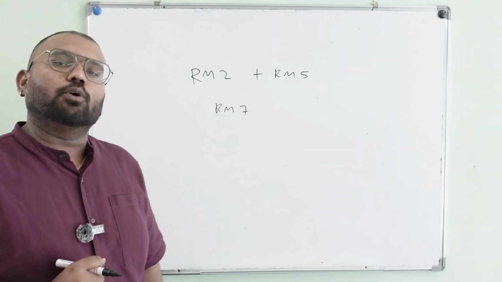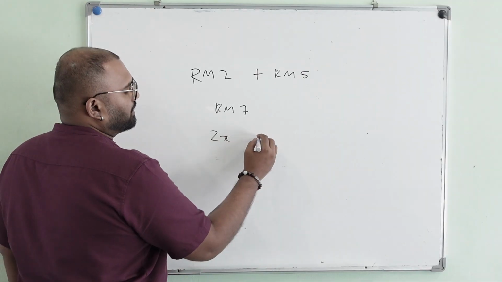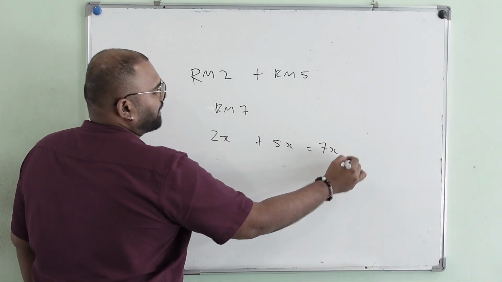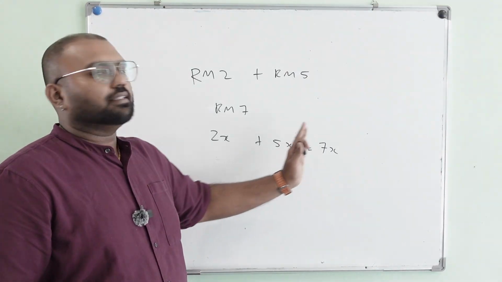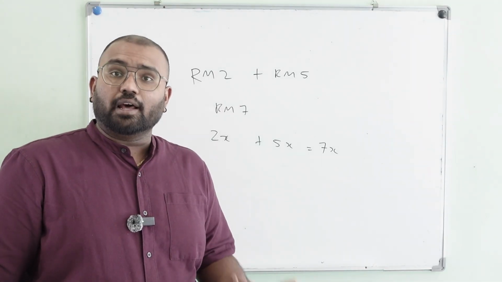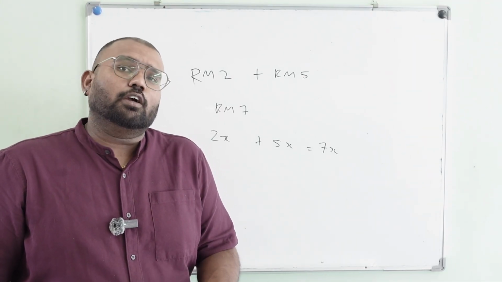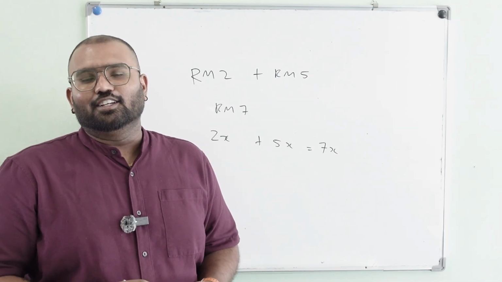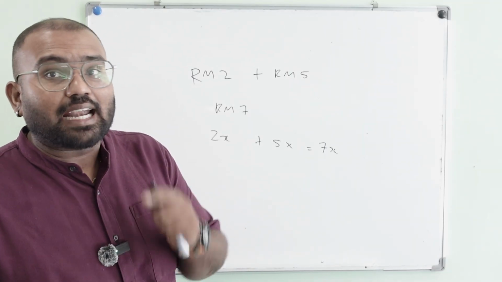The same thing we are going to do for algebra. Say the question is 2x plus 5x. The answer is 7x. 2 plus 5 is 7, x, x, x. So if RM, the answer is RM. If cm, the answer is cm. If meter, the answer is meter. If kilogram, the answer is kilogram. The same thing. If x, the answer is x. Okay? So this is how we do plus. But in case you meet unlike terms.